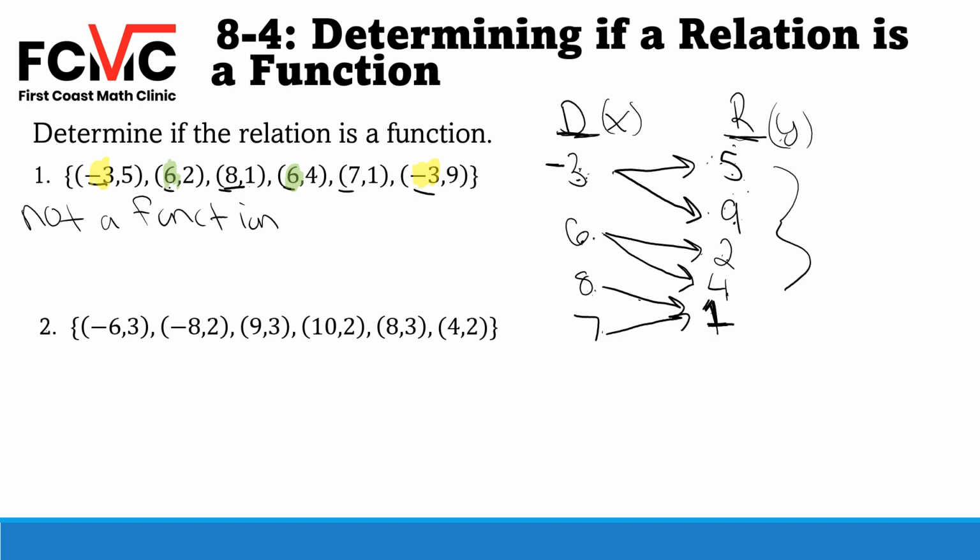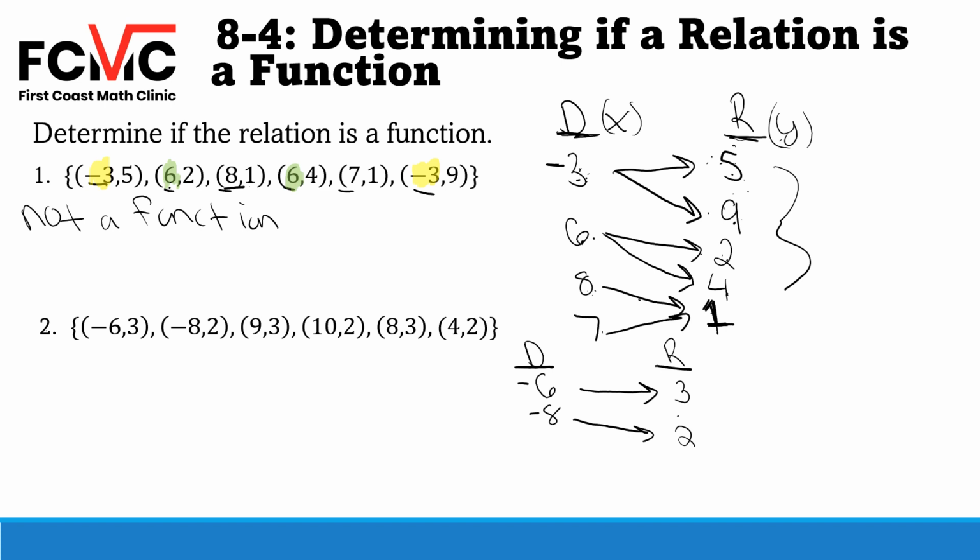All right, so let's do the same thing. So our domain here, our range here, we've got -6, and -6 is paired with 3. And I don't see -6 anywhere else, but we've got a -8, and -8 is paired with a 2. All right, and then we've got a 9.